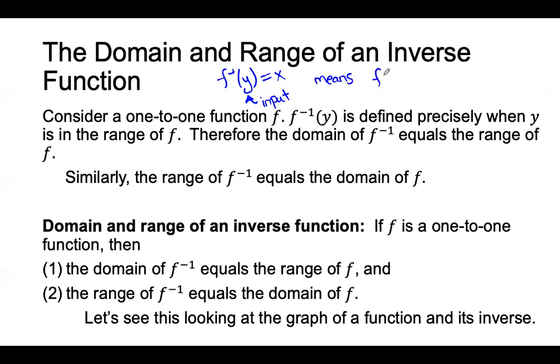It means f of x is equal to y. So they're the same thing. Now we're considering these one-to-one functions. So the inverse function is defined precisely when y is in the range of f. Therefore, the domain of the inverse equals the range of f.